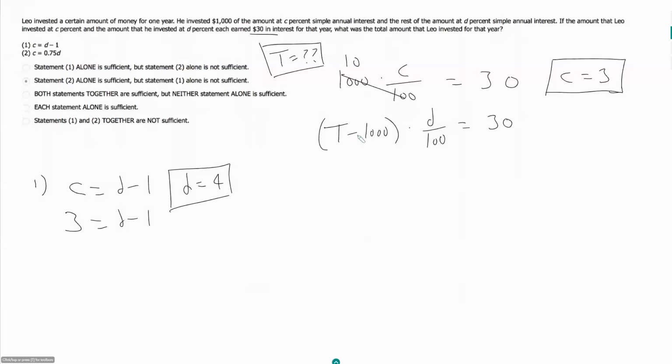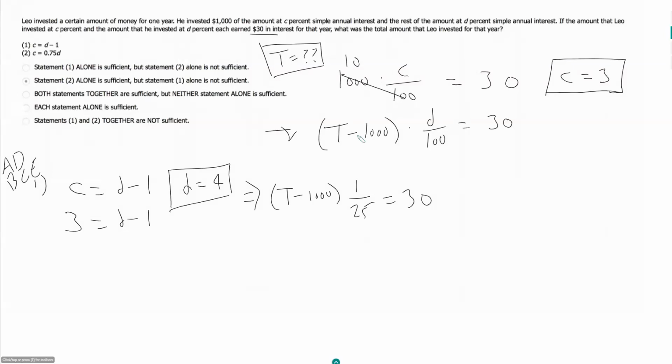Now I don't want D, I want T, but I'll be able to use this equation to get it. So T minus 1,000 times 4 over 100, which is 1 over 25, is equal to 30. And I don't have to solve this. I can see that I can solve for T here, so this is sufficient.